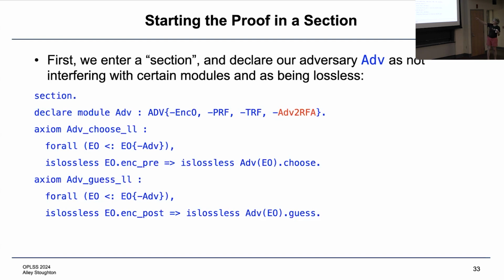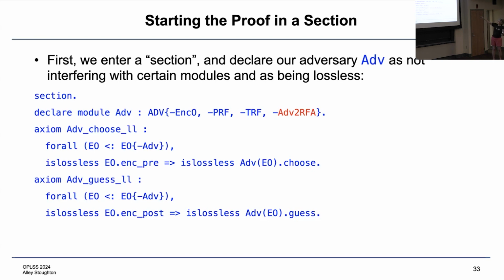This assumes that the encryption oracles enc pre and enc post, which they call, behave similarly. So we're requiring that the adversary be well behaved, that its procedures always terminate.